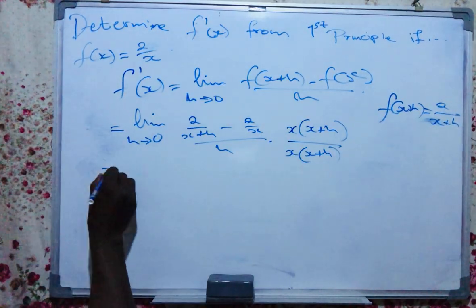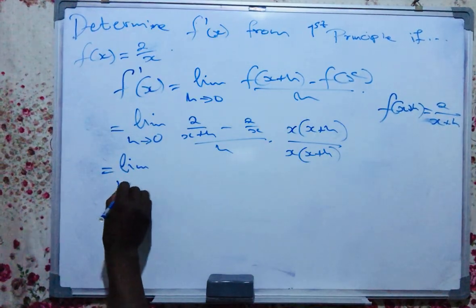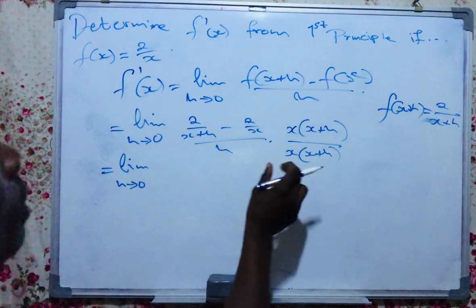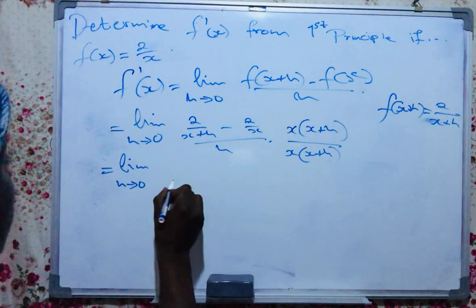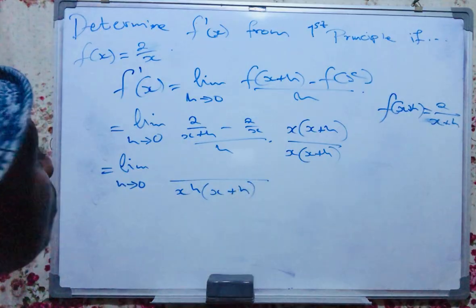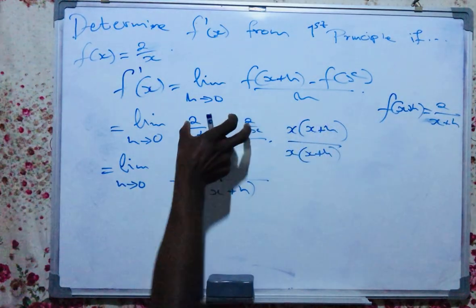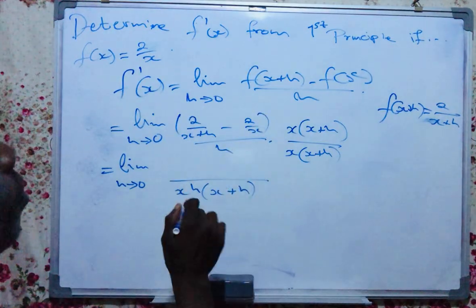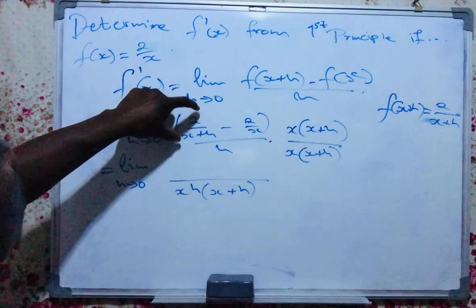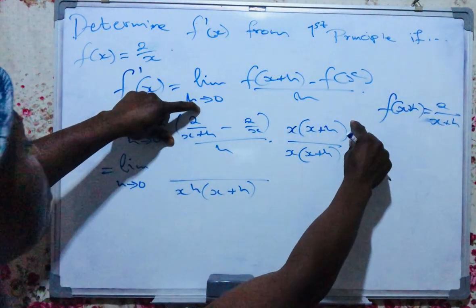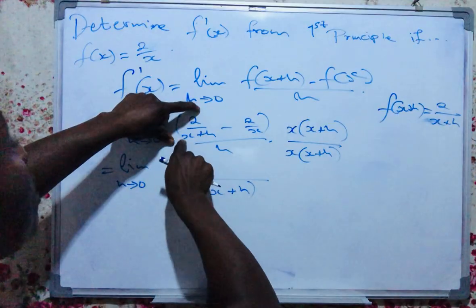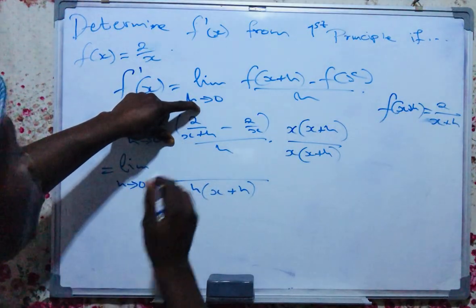So to simplify, we would have the limit as h approaches 0 of this, with the denominator being xh times x plus h. These multiplied by the numerators on top: first, if we take this function and multiply it by this numerator, x plus h and x plus h would cancel, and we would be left with 2x.